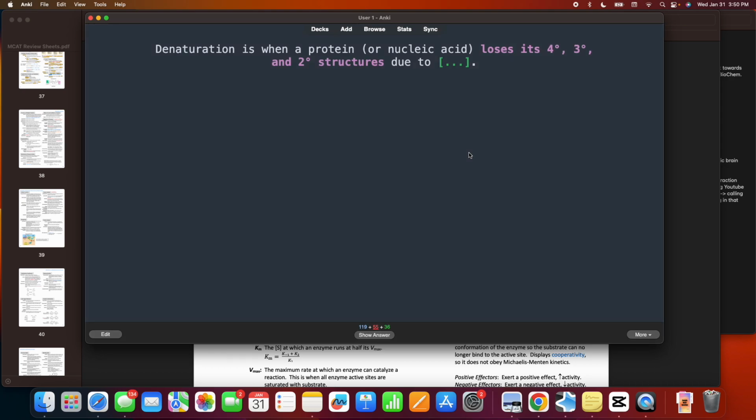Denaturation is when a protein or nucleic acid loses its quaternary, tertiary, and secondary structures due to breaking of non-covalent bonds. This is important, not heat. I kept answering this as heat, but it is the breaking, the cleavage of non-covalent bonds.